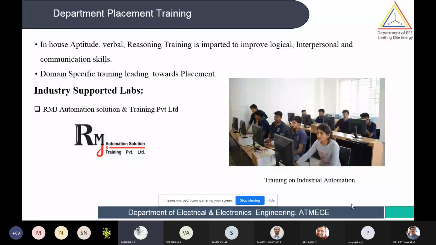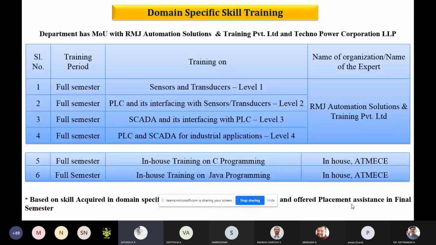Along with in-house aptitude verbal reasoning training, we have domain-specific training supported by RMJ Automation Solutions. The domain-specific training will be on sensors, transducers, and PLC and SCADA. The training will be conducted in 4 levels from 3rd semester towards the 6th semester.